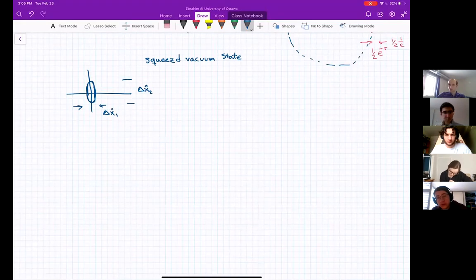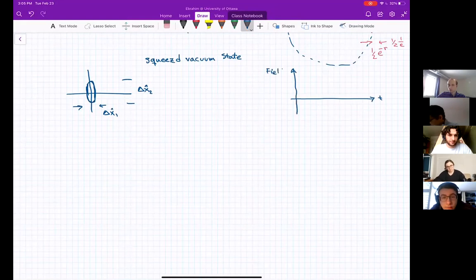But anyway, what you will get as a field, if you remember, this was time and this was the field, or photon number state, if you want to call it in this way. For vacuum, essentially what you have is something like that.